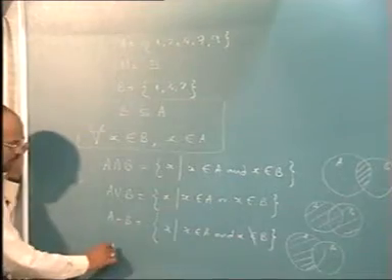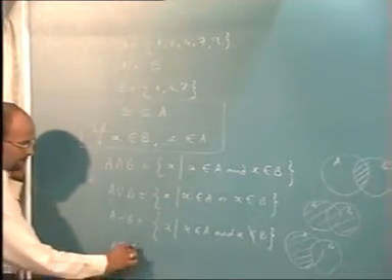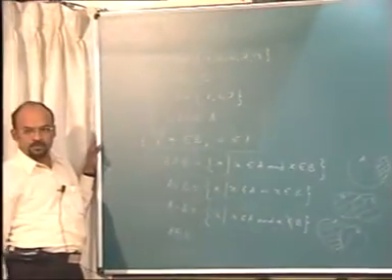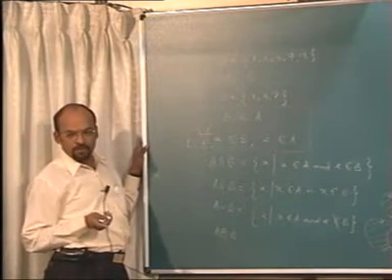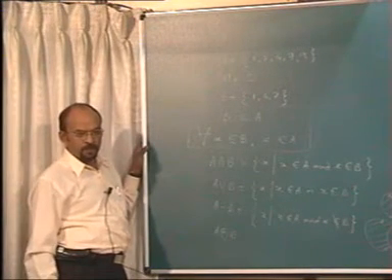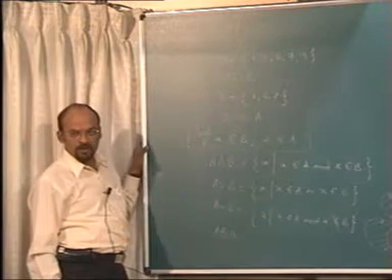Then there is something called XOR. It belongs to A or belongs to B, but not both. How will you write it?